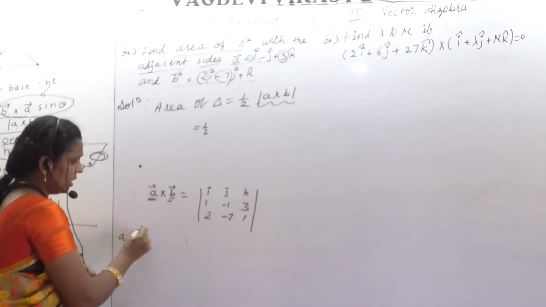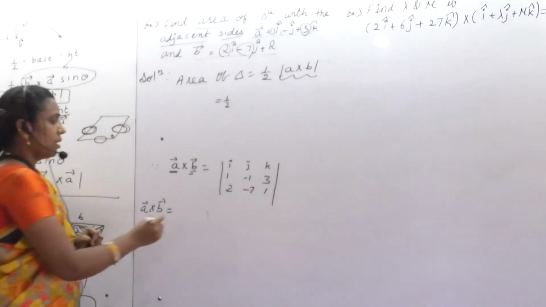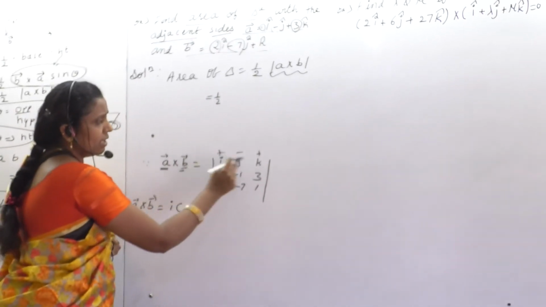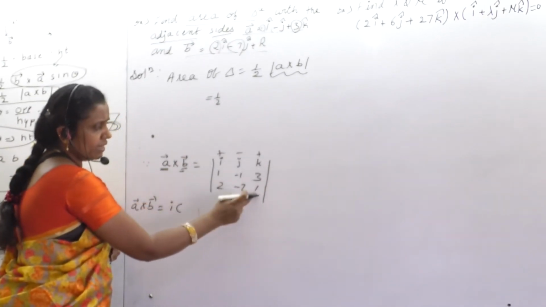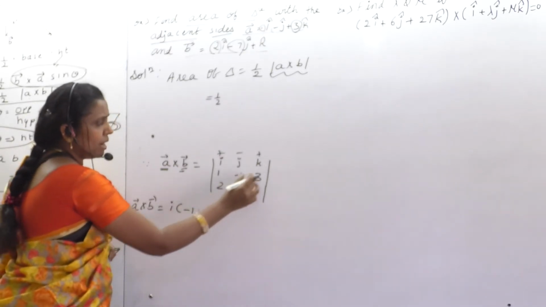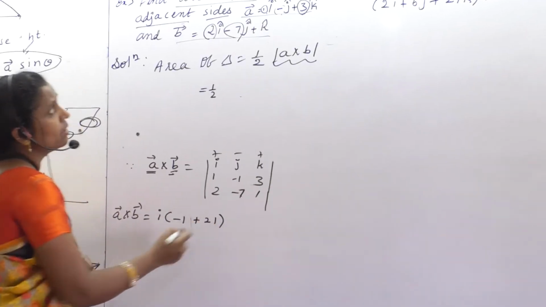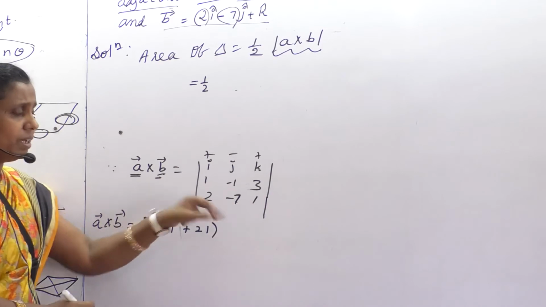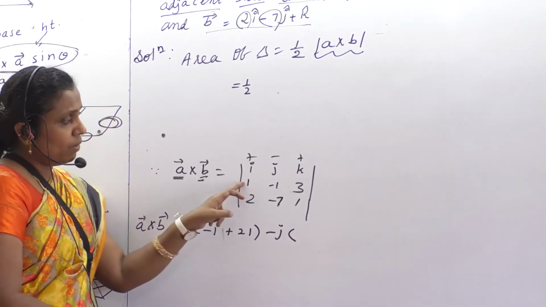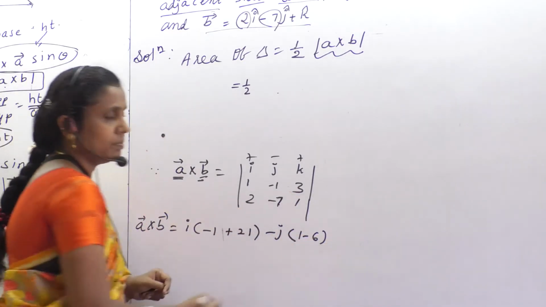A cross B is equal to, I just discussed how to expand the determinant. For i, with the plus minus plus expansion, I leave this row and column. You will be finding minus 1 into 1 minus of minus 7 times 3, which is plus 21. 7 3s are 21. Next, minus j: 1 into 1, 1 minus 3 2s are 6.